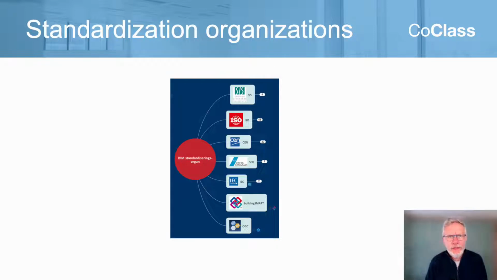Then organizations like Building Smart also produce standards, IFC for instance, which in its turn can become international standards. So IFC is now an ISO standard as well. On the geographical side, you have OGC, the Open Geospatial Consortium, producing standards for GIS data and so on.